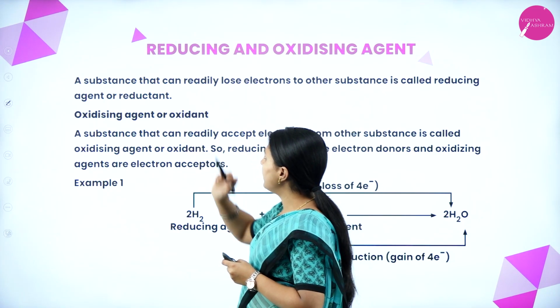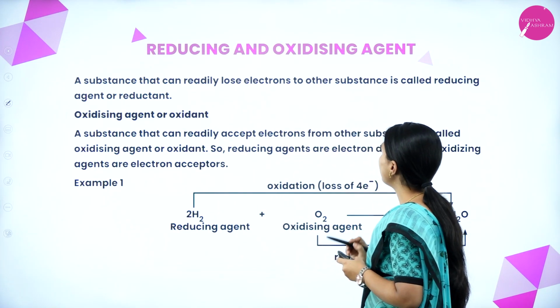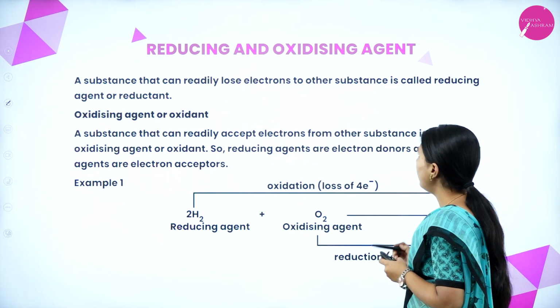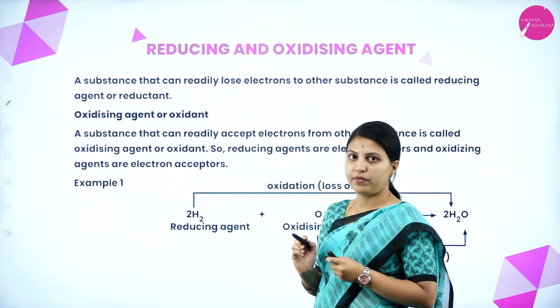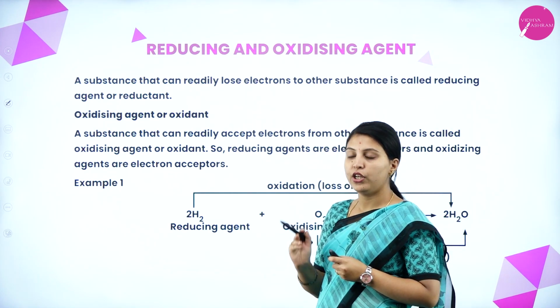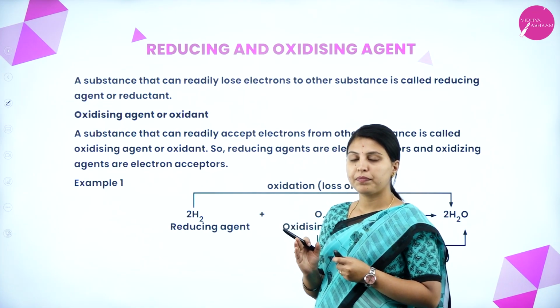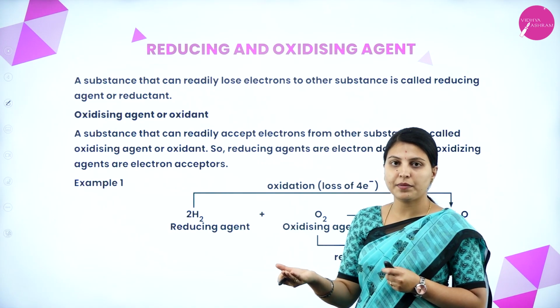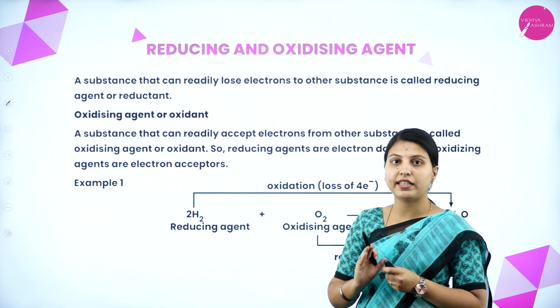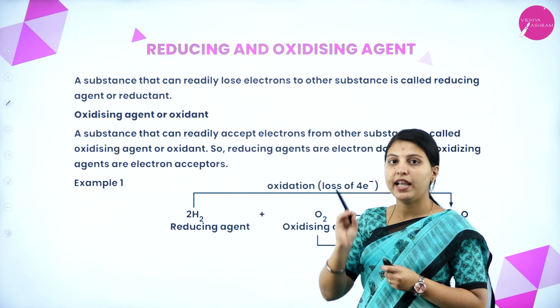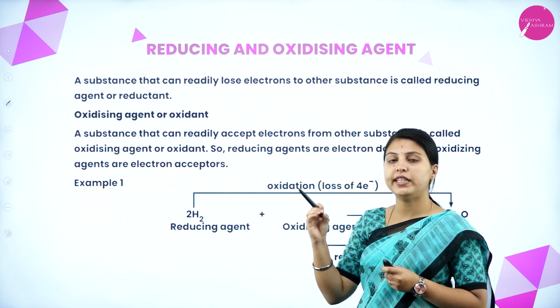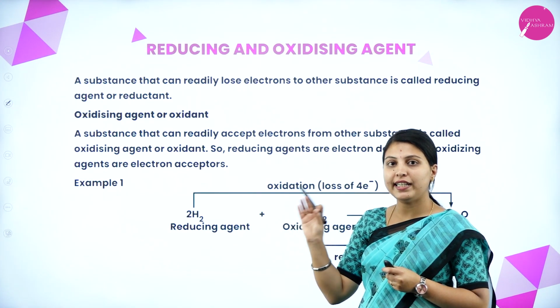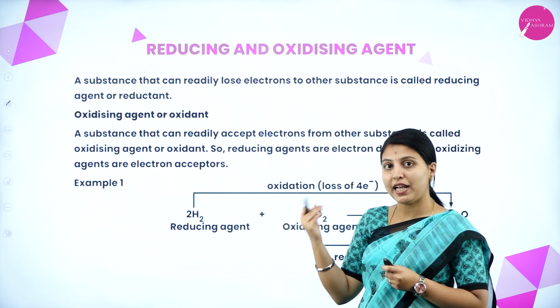A substance that can readily lose electrons to another substance is called a reducing agent or reductant. You should not get confused. If a substance loses electrons to another substance, that is not the oxidizing agent, that is the reducing agent, because it is reducing, or eliminating, some of the electrons from the other substance.